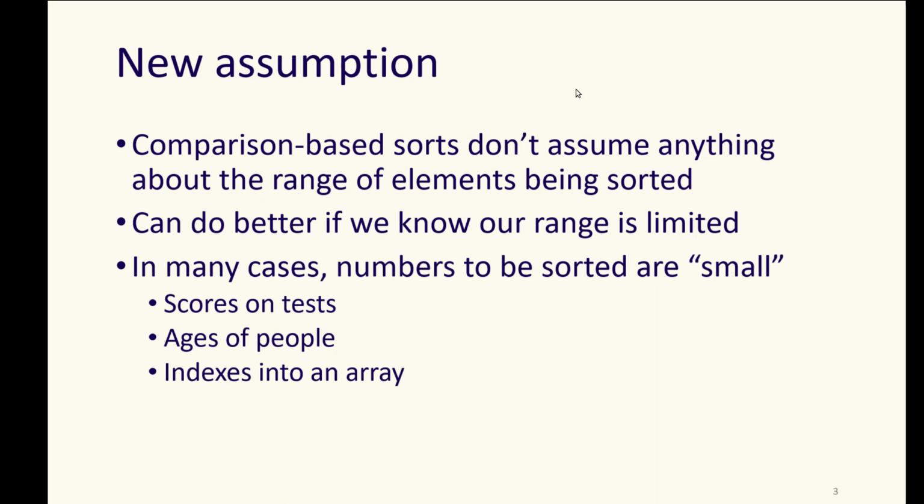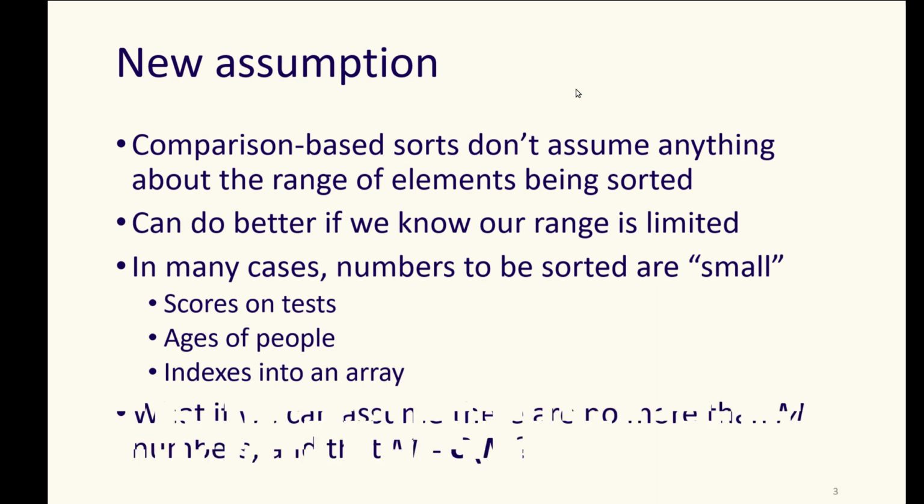The indexes into an array, if the array is of some reasonably small size, are also a pretty reasonable thing to handle. Even things that have many digits or many characters to them might still fit a relatively small range between the lowest possible one and the highest possible one.